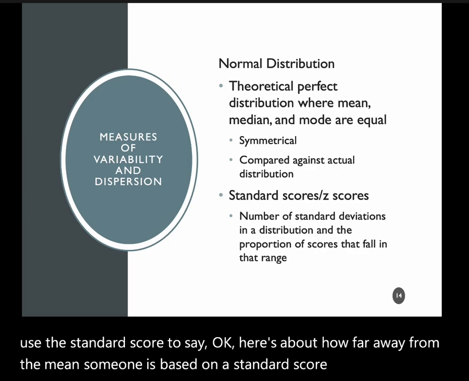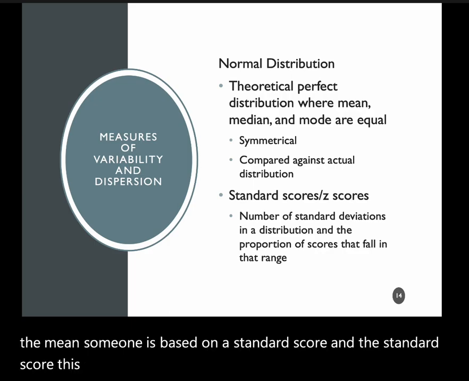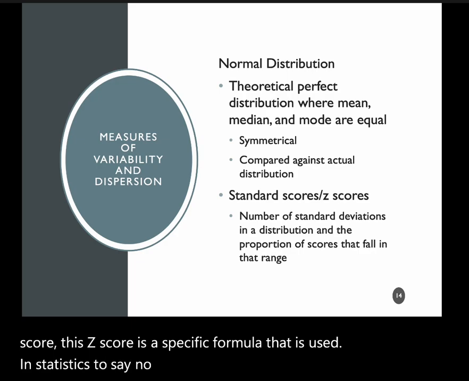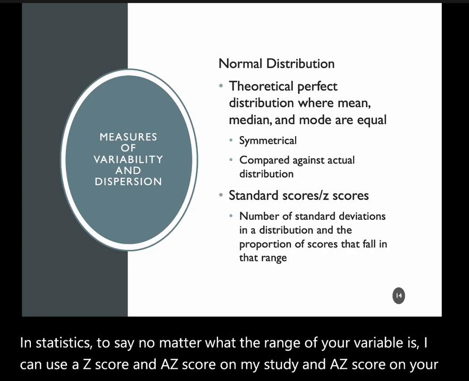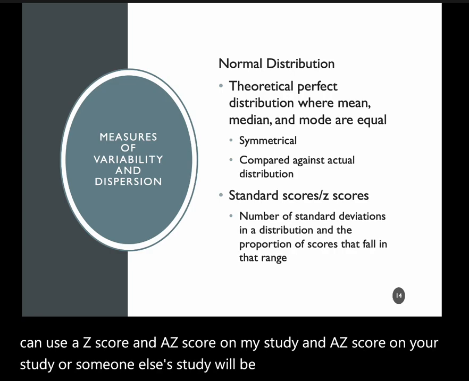And the standard score, this z-score, is a specific formula that is used in statistics to say no matter what the range of your variable is, I can use a z-score, and a z-score on my study and a z-score on your study or someone else's study will be the same metric. So that's what a standard score is.